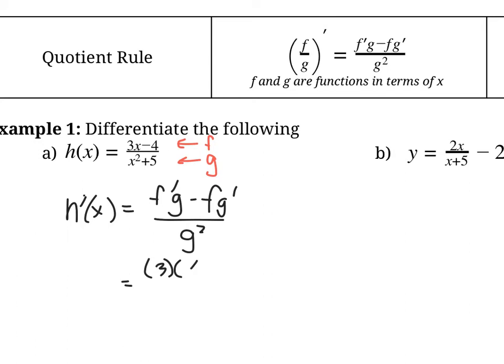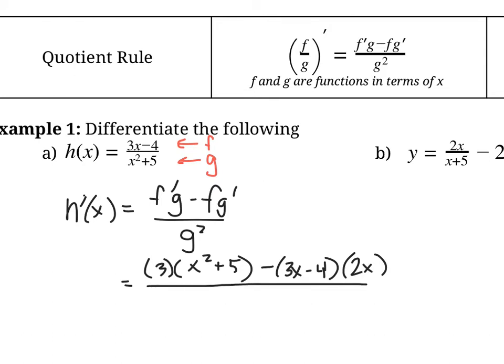And g is x squared plus 5, minus f, which is 3x minus 4, times g prime, which is just 2x, all over g squared, x squared plus 5 squared.